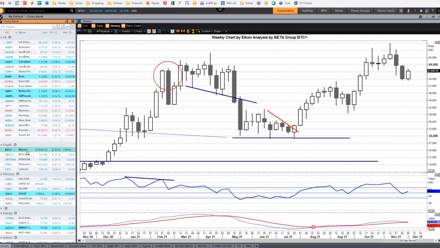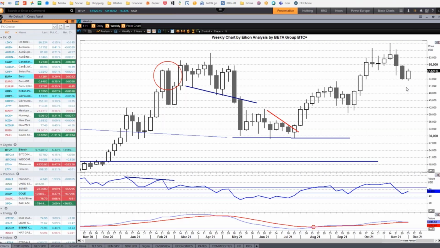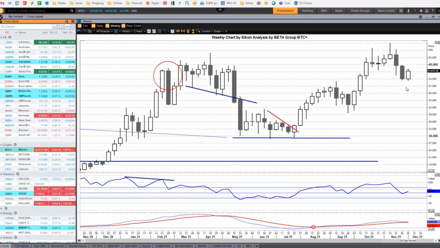So the question is, are we looking for a new leg lower, or is it just part of its journey up? Well, it has come down hard. For a move higher, we really need to close and hold above the 55,000 level.